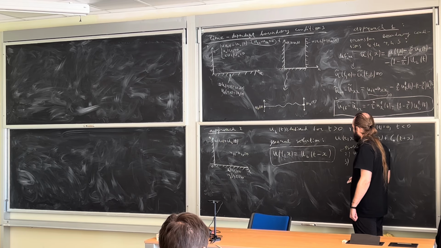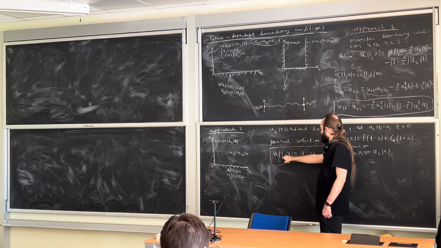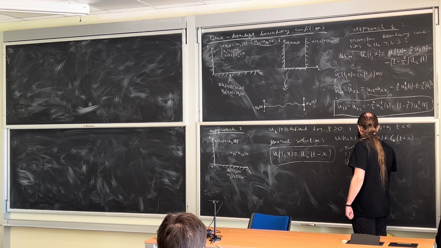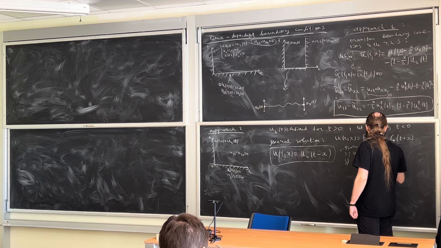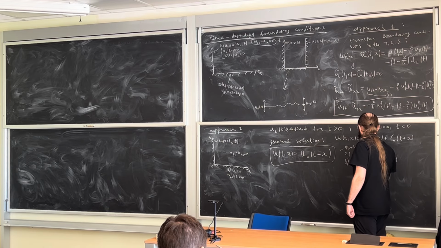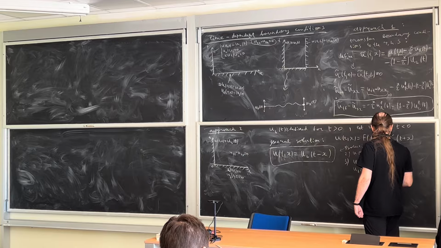And third, if you put t equals 0, u of 0 and x equals u_L of minus x, and u_t of 0 and x equals u_L prime of minus x.